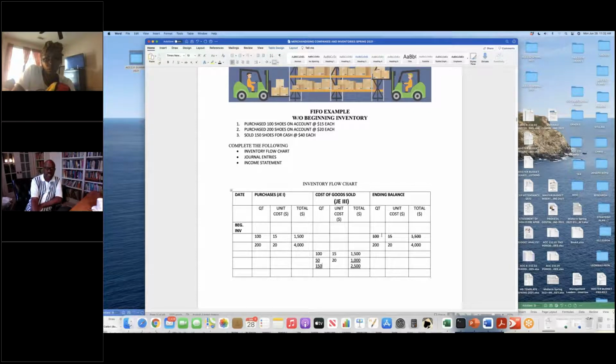So 115, they're all gone, 50 at 20, 1,000, and left in inventory now is going to be what? 150 pairs of shoes at 20, or $3,000.